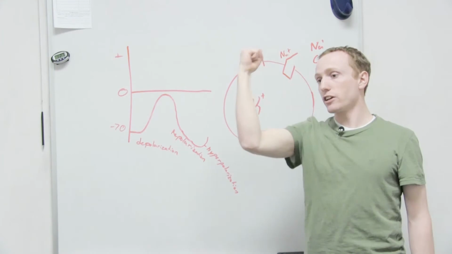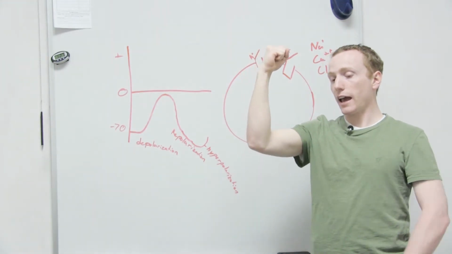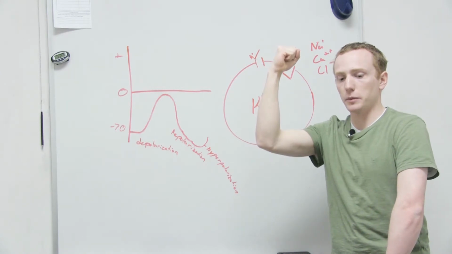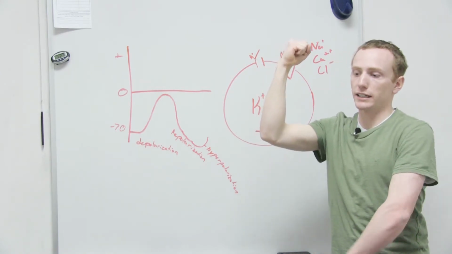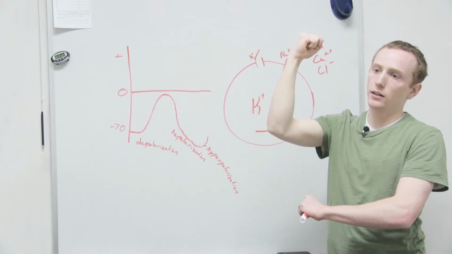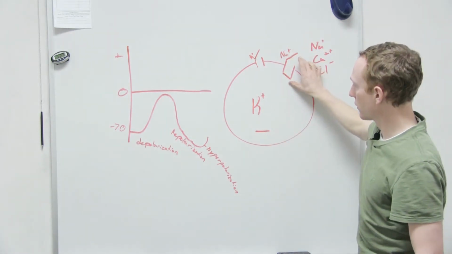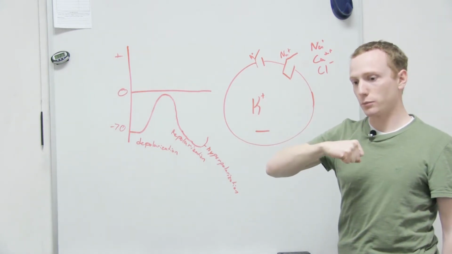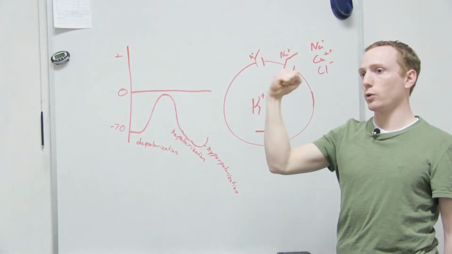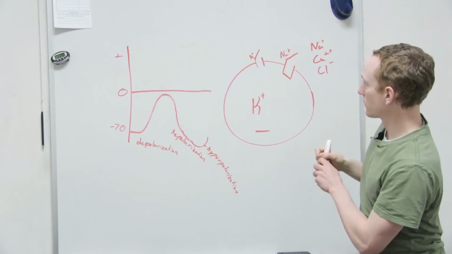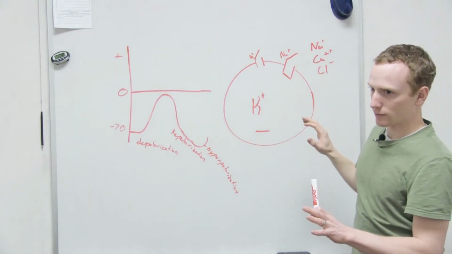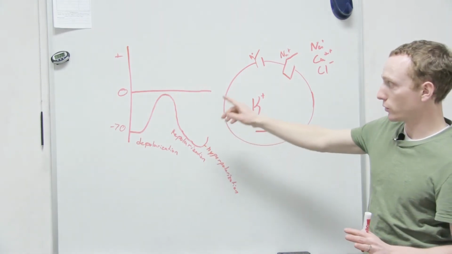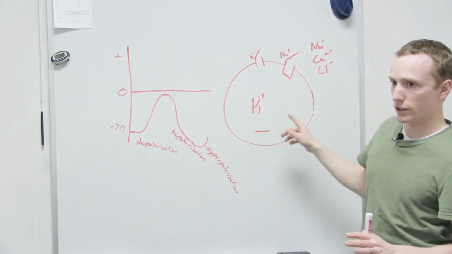So sodium's activation gate pops open, and its inactivation gate is kind of like a rusty hinge. It takes a moment before it can close. And when it closes, about that same time, this is also like another rusty hinge. The potassium slowly is opening that whole time. Does that make sense? Yeah. Okay. So that's going to be your depolarization, repolarization, then hyperpolarization.